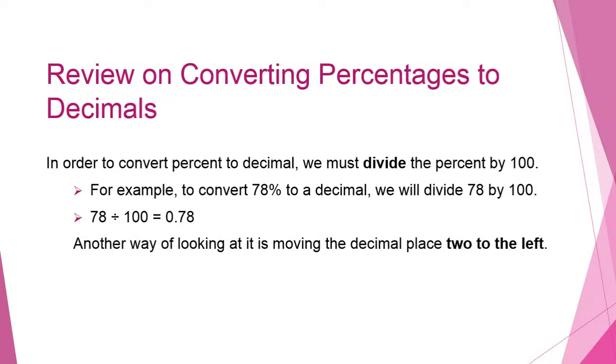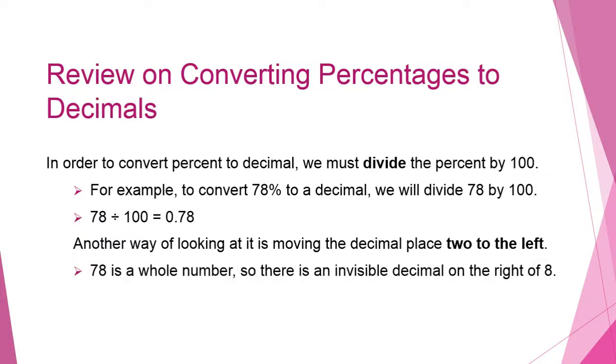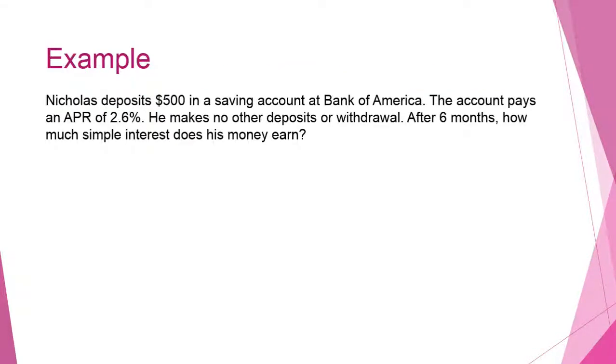Another way of looking at it is moving the decimal place 2 to the left. So that's a quicker way. Remember, 78 is a whole number, so there's an invisible decimal on the right side of the 8. What we want to do is move it 2 over, giving us the same 0.78, and that's what we got the first time as well.